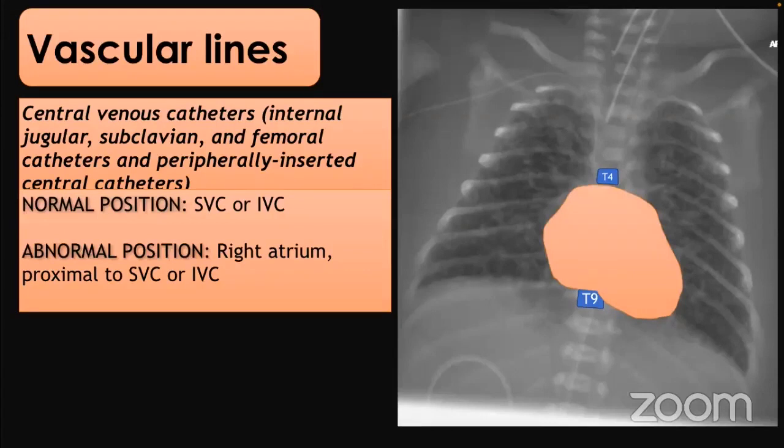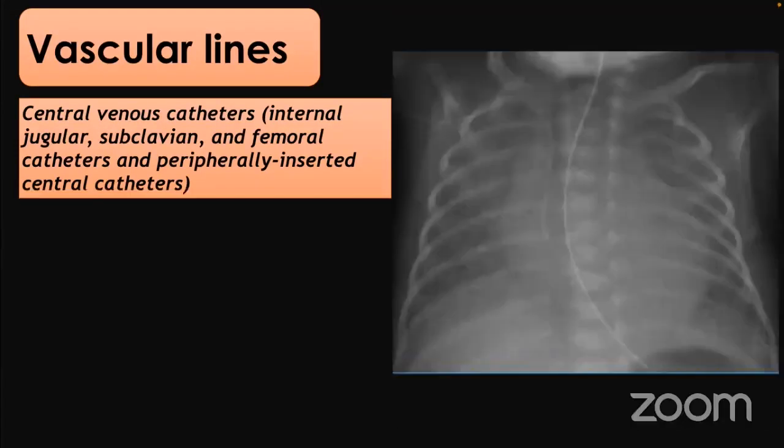This is the area of the heart. Here we have a right peripherally inserted central line, which is seen in malposition. It's seen in the heart, in the right atrium.